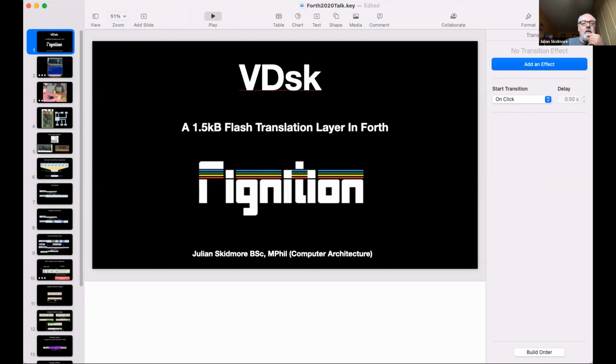Fignition is a self-contained Forth computer inspired by the Jupiter Ace and also Andrew Holmes' Mark I Forth computer, which we've just seen in action. It's intended to be the simplest complete self-hosted computer I could design, simple enough to be fully understood by a single person and soldered together by a child.